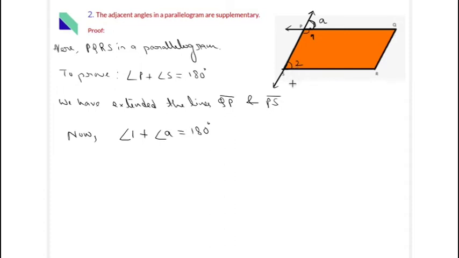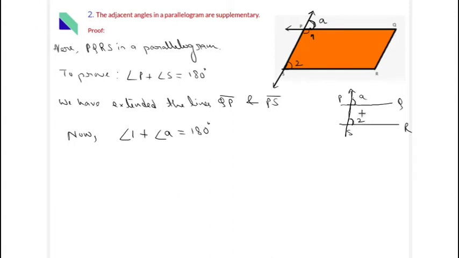as they are corresponding angles. See, this is PQ, this is SR, and this is the transversal here. So this is angle A and this is angle 2.